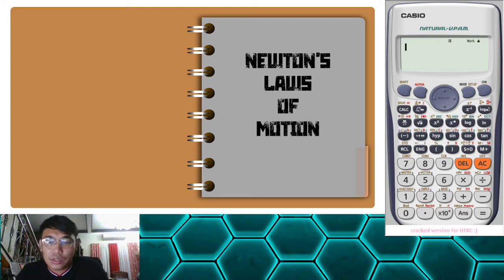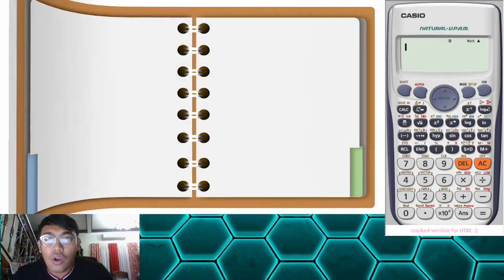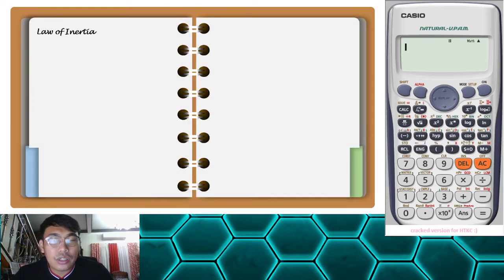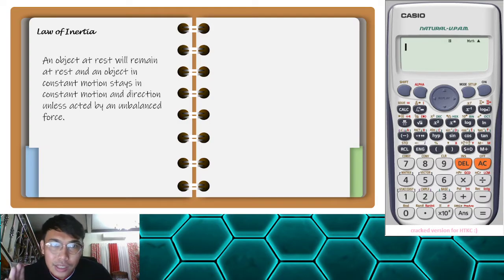But for now, let's start with our first law. This first law is entitled the law of inertia. An object at rest will remain at rest, and an object in constant motion stays in motion and direction unless acted on by an unbalanced force.